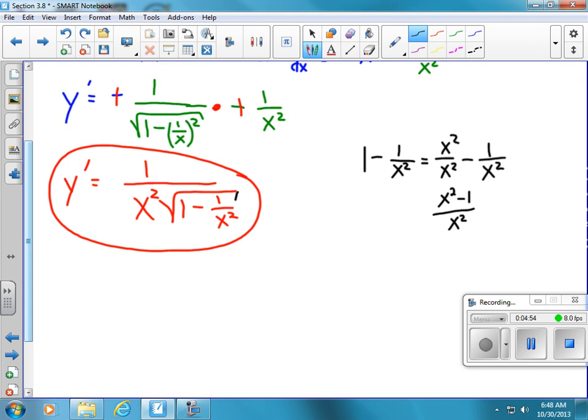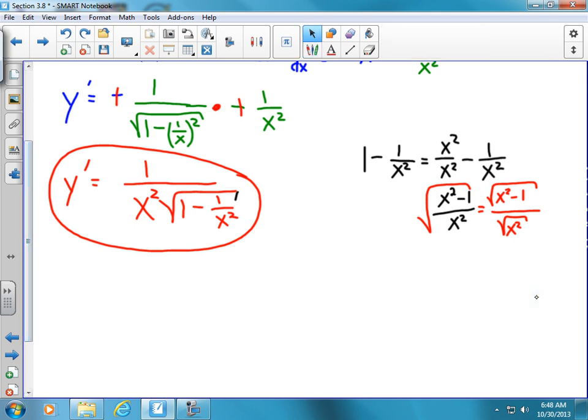And remember that this is underneath the square root sign. So our square root properties tell us we can do the square root of x squared minus 1 over the square root of x squared. And we all know that the square root of x squared is equal to x. So the square root of x squared minus 1, over x.